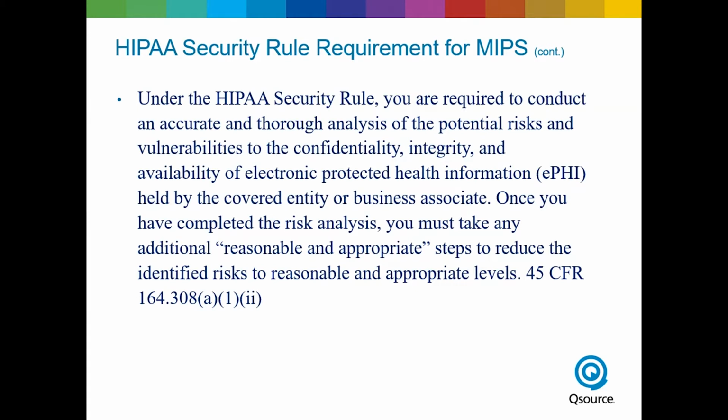As an example, viruses, there's new viruses that come up all the time. Social engineering, there's different ways they do that. Trojan horses, all those good things. So you're never going to be able to completely 100% get rid of risk, but you want to do the best you possibly can. And it's an important part when it says you must take any additional reasonable and appropriate steps to reduce the risks.